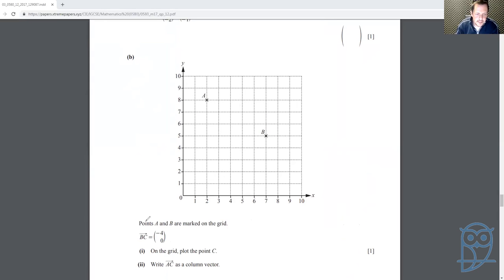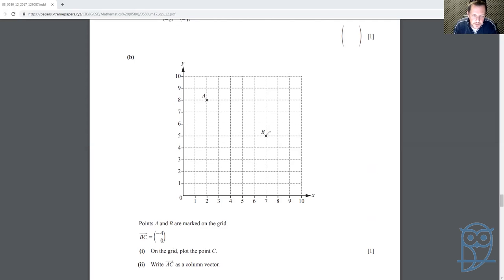Next one is this. I'm going to share this one with you. You have A, you have B. It says points A and B are marked on the grid. You have vector BC, which is minus 4, 0. So vector BC, we need to remember, starts at B, ends at C. It doesn't start at 0.